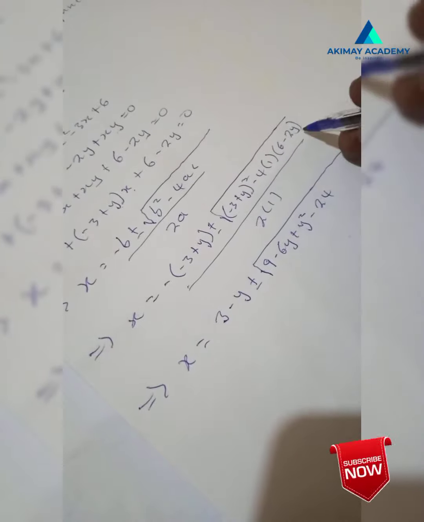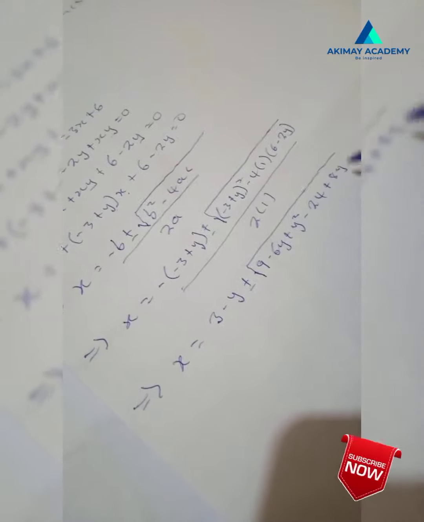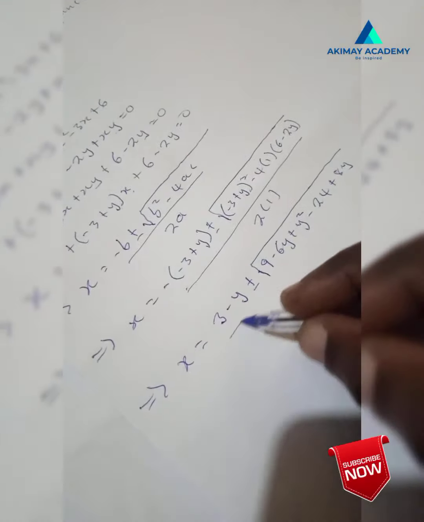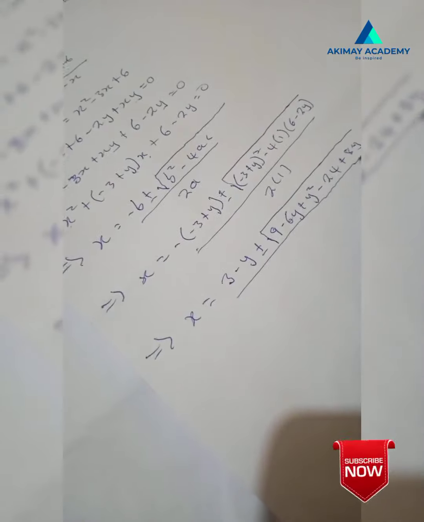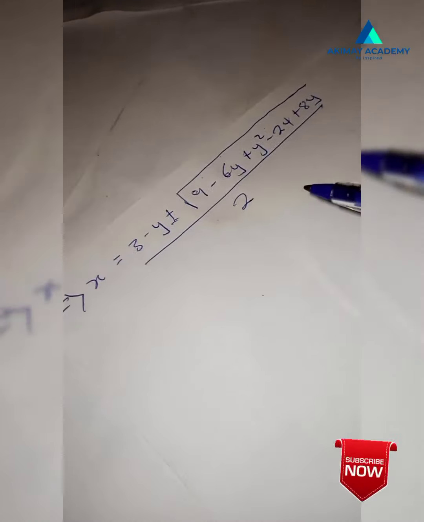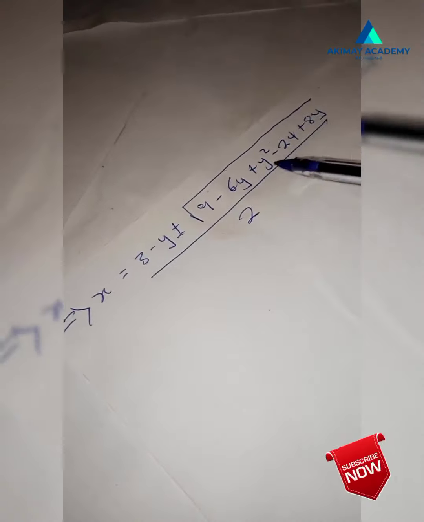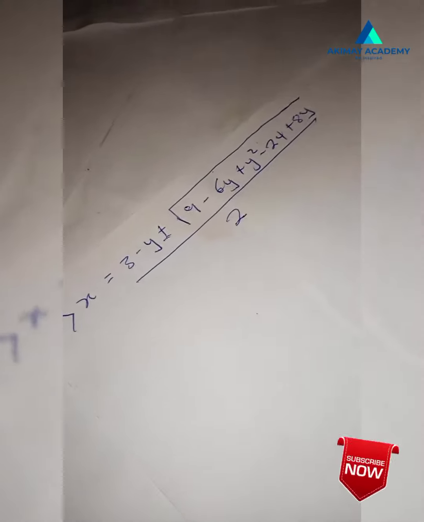The minus 4 times minus 2y will give us positive 8y. Everything out of 2.